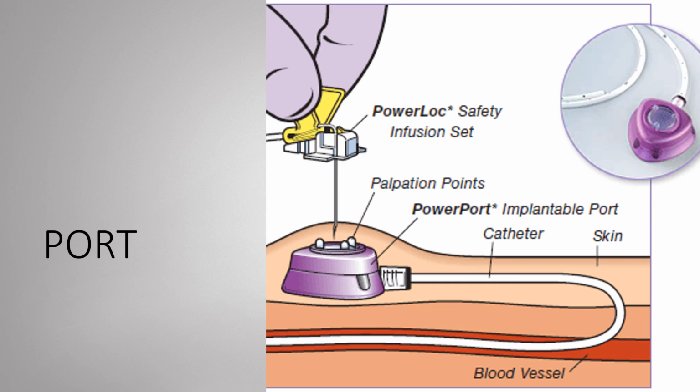It's typically over your chest that you have a port, so you will feel a little bump there, and there's a membrane that can be accessed to infuse medications. You can see in this picture that the port is being accessed with a needle, but you can also access blood through a port. So you can do blood tests, and you can infuse medications such as chemotherapy.